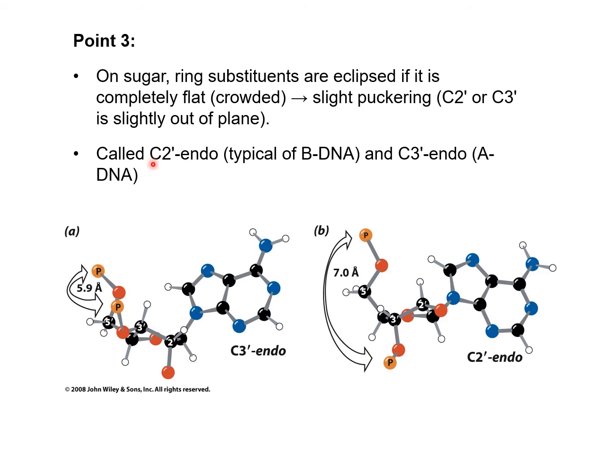So the C2'-endo, which is one type of that puckering, can be observed typically in the B-DNA, where the 2' carbon of the pentose sugar is pushed out of the plane of this pentose sugar, as opposed to C3'-endo, where the 3' atom is pushed out of the plane, and it is shown in the A-DNA.